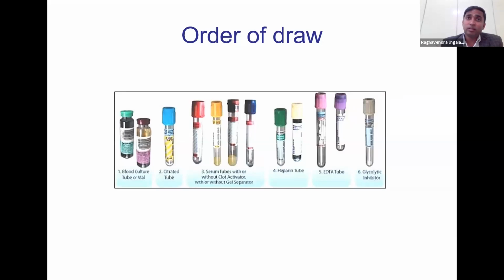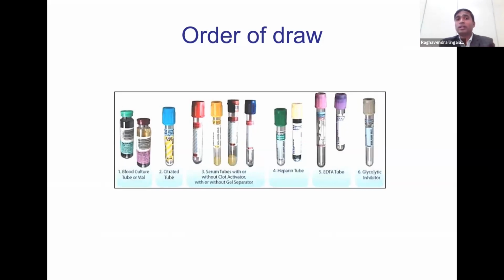After the citrated vial, there is nothing to memorize by heart in this order of draw. You just have to apply your common sense. Citrate is always first, if there is no blood culture, because the platelets or coagulation cascade can get activated. Then you go for tubes which do not contain any additive, whether it is the red tube or the yellow tube.